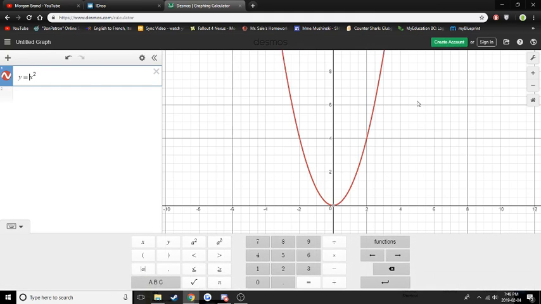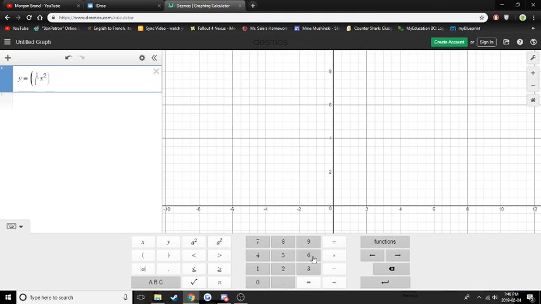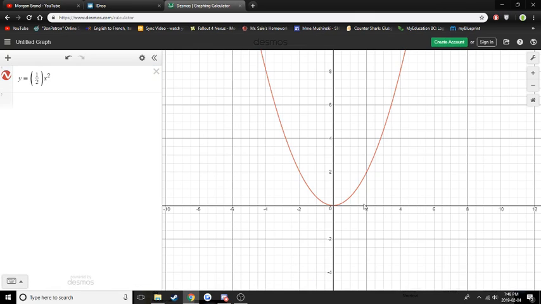But also, you should know that if you multiply it by, say, 1 divided by 2, it gets fat. So that point 1, 1 that was this point, now it's at 1, 0.5.